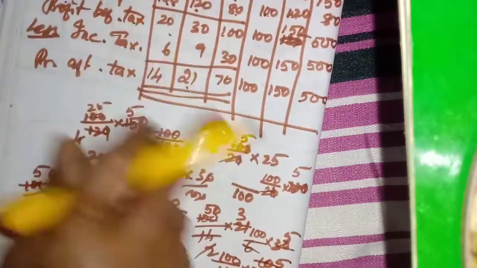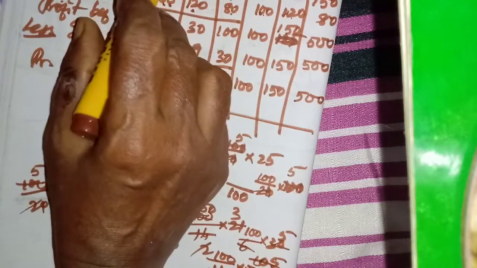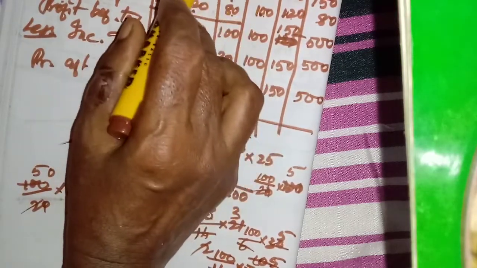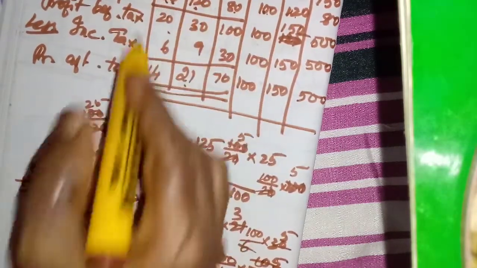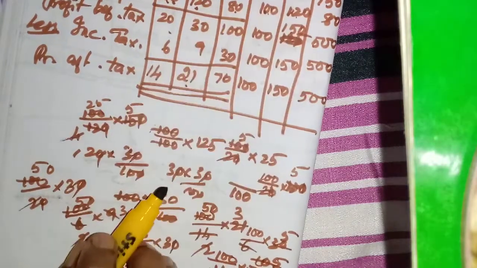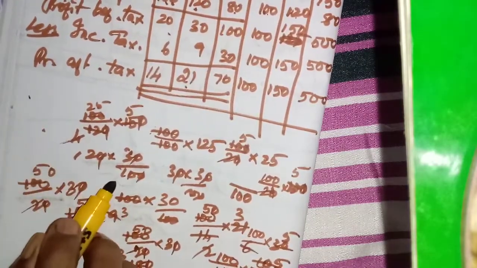This is 100. We should compare. So this one, it is for 100, 100. Then for 25. Okay, for 100, 100 like that. For 20, 100. Then next problem we will do. Or just you have to do the balance sheet.